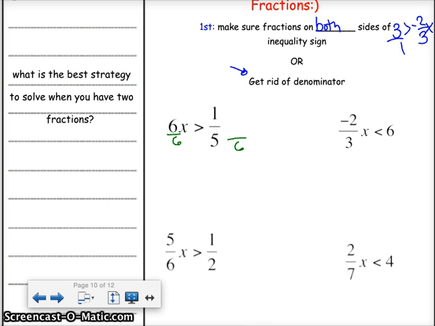That is one that I would put a 1 on the denominator, because then you can deal with it much better. So I would times through by 1 over 6. And it's positive, so it maintains its truth. So x is bigger than 1 over 30. And luckily today you don't have to actually graph that.